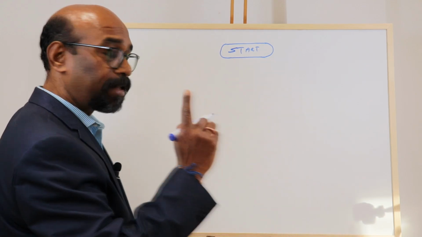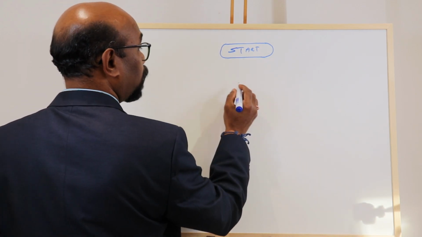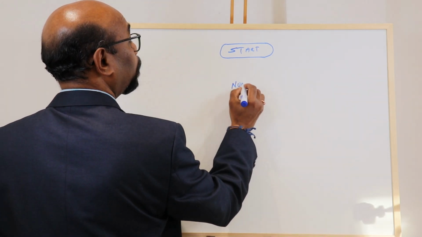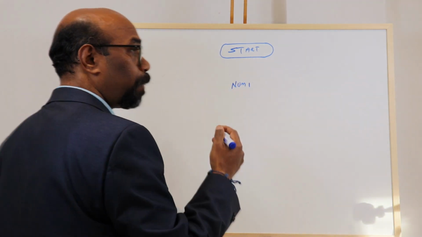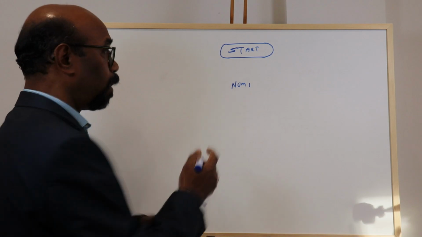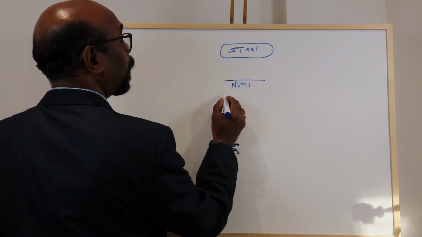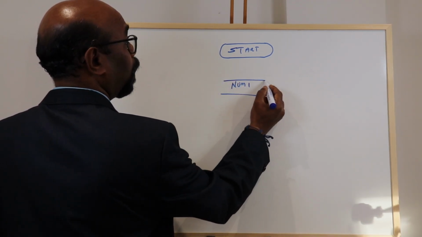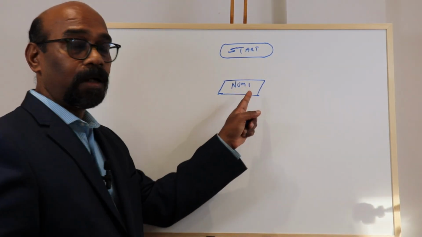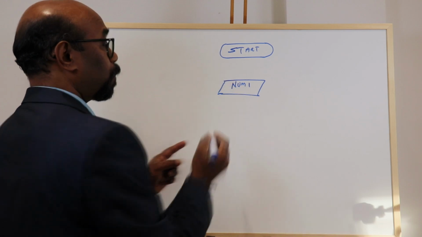I'll explain the reason why. First, I need input. So I need number 1. How do you tell the computer, or how do you represent this as an input? This is a parallelogram, like parallel lines joined together. This is an input, or you may write input there also.